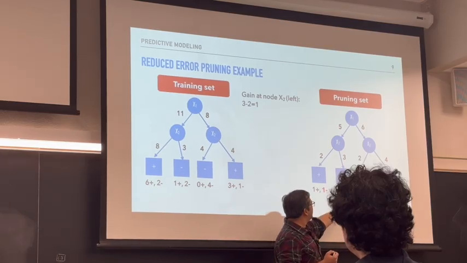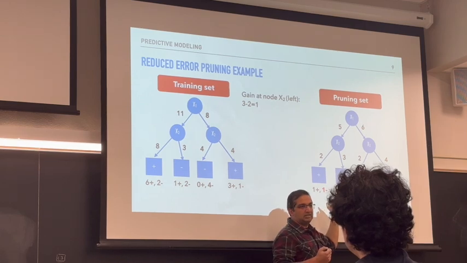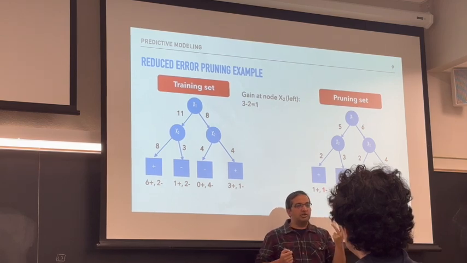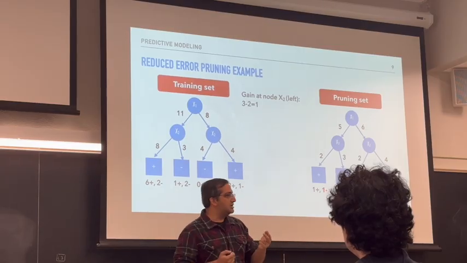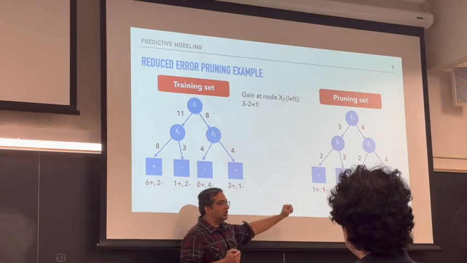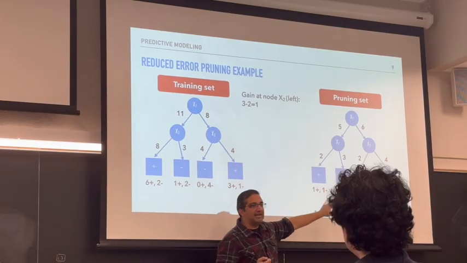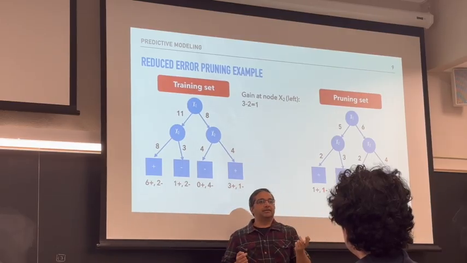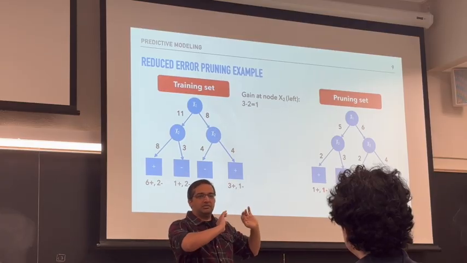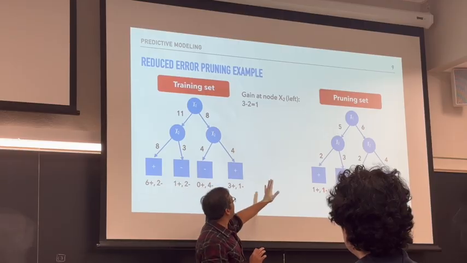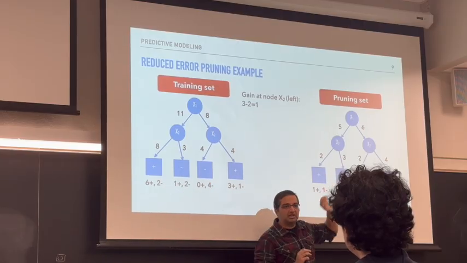Because there are 2 negatives and 3 positives, they'll all be labeled as pluses. So there will be 2 mistakes, whereas now there are 3 mistakes. So if I prune it based on the validation set, I get a gain of 1.